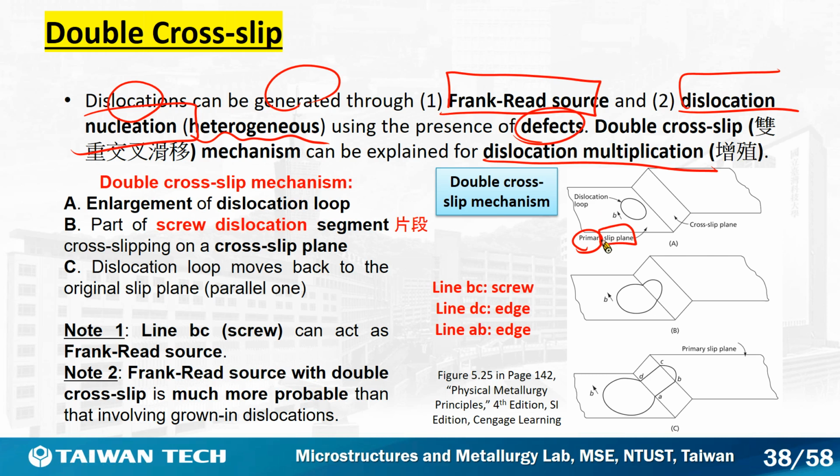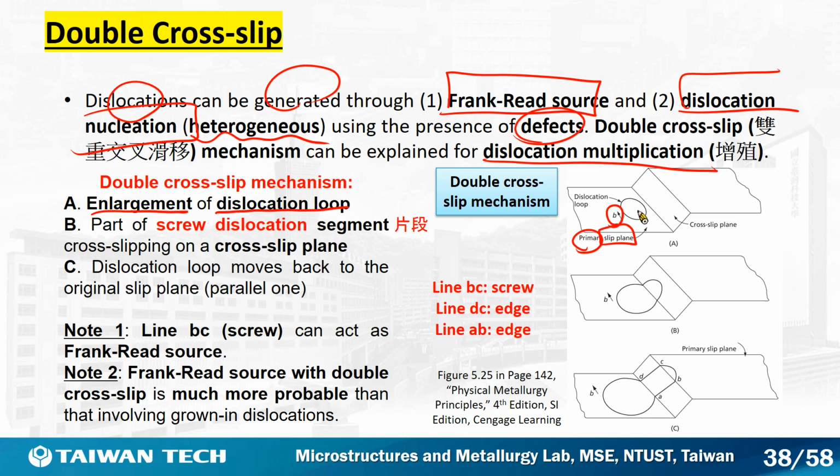So this one is the primary one. In other words, if we apply stress here, then the dislocations on this slip plane will move. So first, we have a dislocation loop here. Under the stress, it will enlarge, become bigger and bigger.